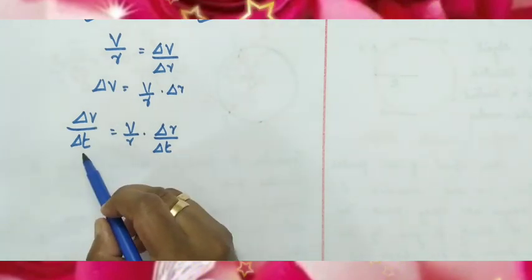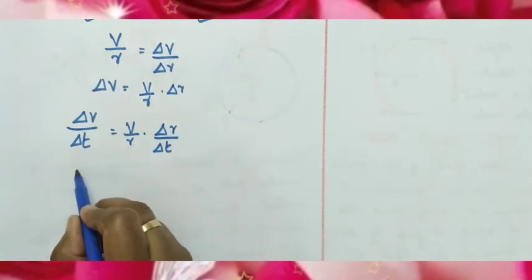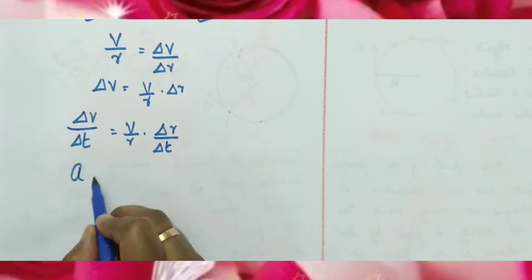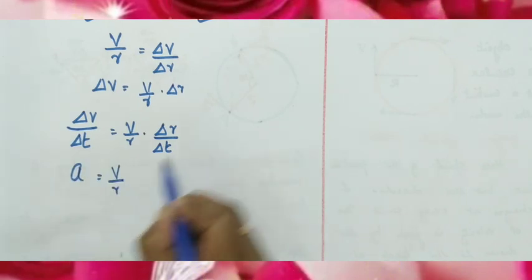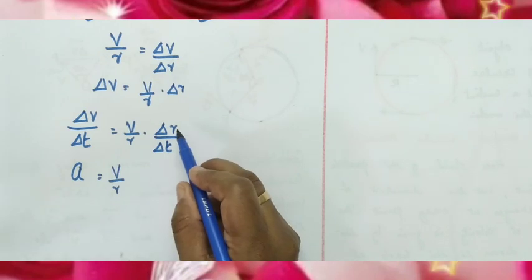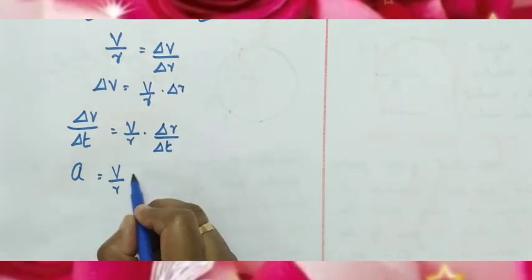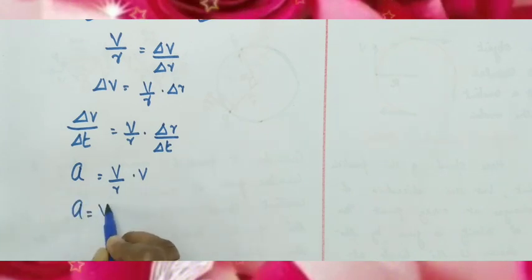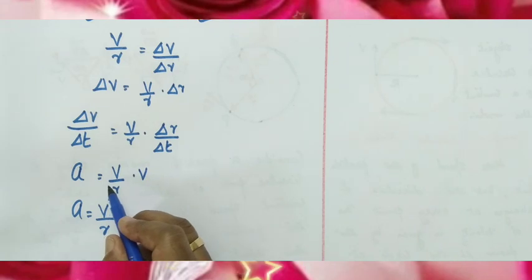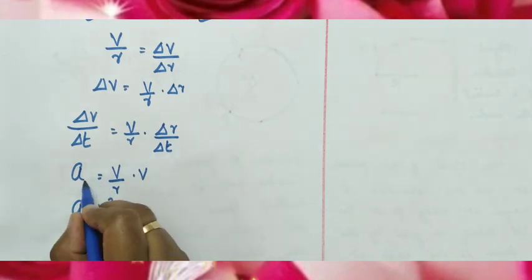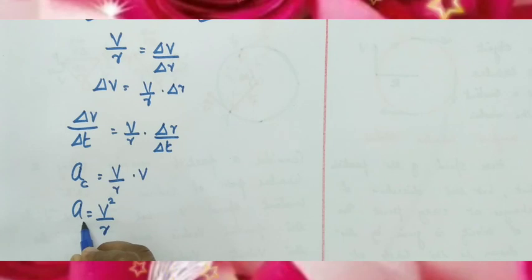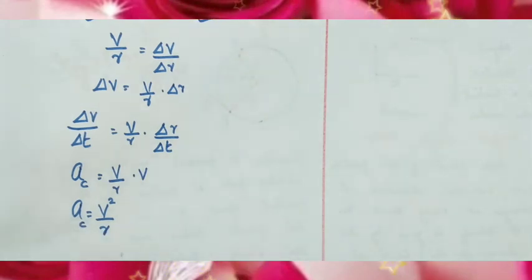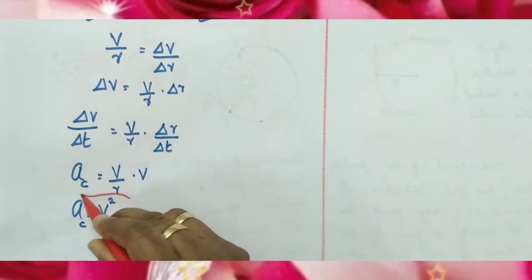Change in velocity by time, rate of change of velocity, is acceleration. Clear? Equal to v by r into, this is the rate of change of displacement, displacement by time, that is velocity. So acceleration is given by v square divided by r, and this acceleration is called the centripetal acceleration. Hence it is represented by a suffix c, centripetal acceleration, equal to v square divided by r.